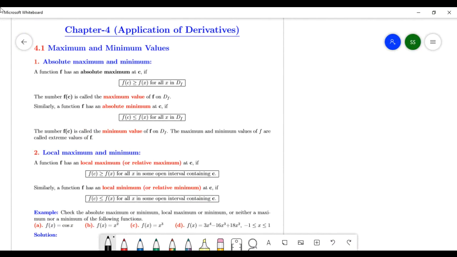Chapter number 4, Application of derivative. Okay. Maximum and minimum values.